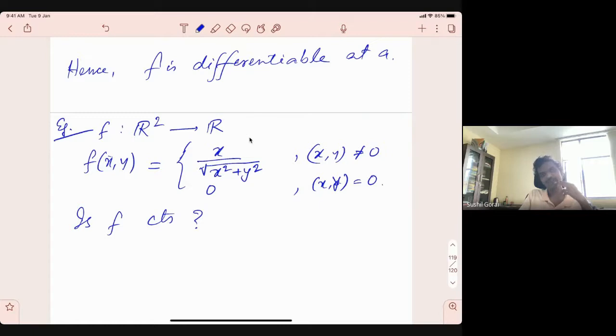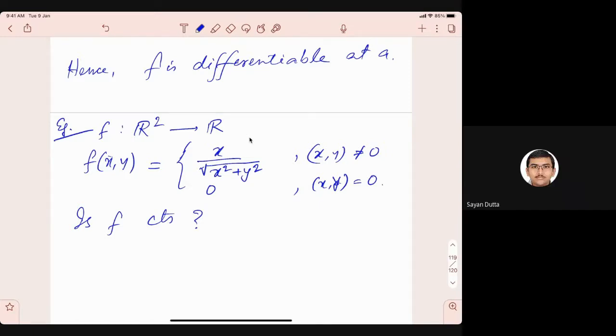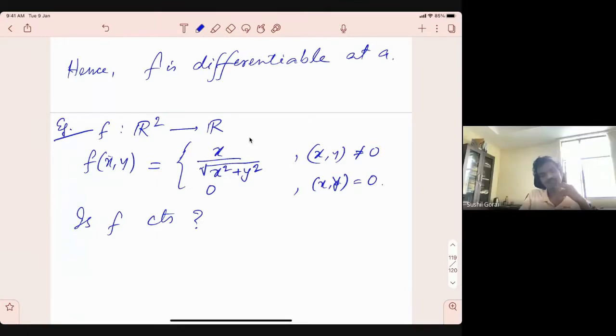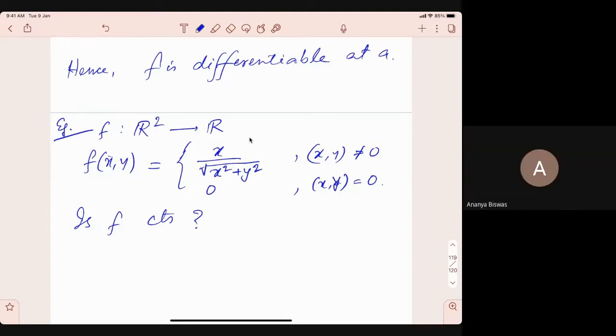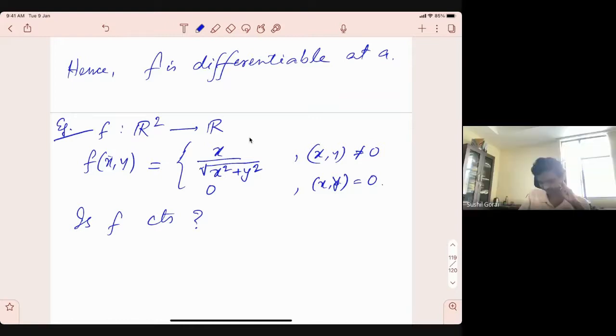Yeah, Ananya, can you tell me whether it is continuous? Hello, sir. What's the question? Whether f is continuous. Yes, sir. It's continuous. So what do you think about continuity here? The first one is 1 by root over 1 plus y by x whole square.